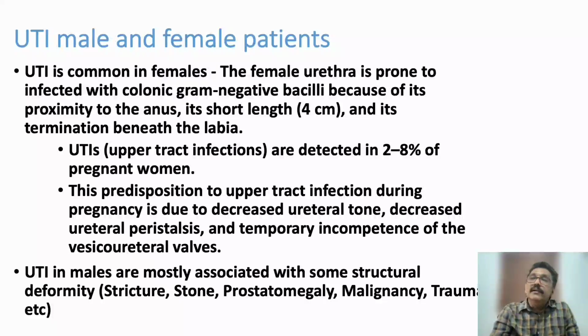So any urinary tract infection associated with any complication in the tract, or where the patient has an immunocompromised status like diabetes, these types of infections are called complicated UTI. Whereas without any structural deformity or without any diabetes, the urinary tract infection is a simple urinary tract infection.